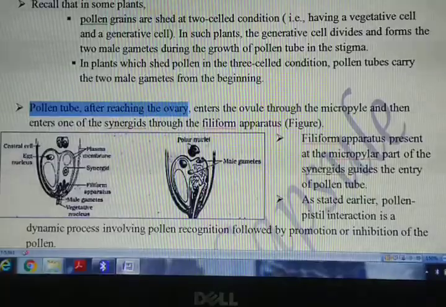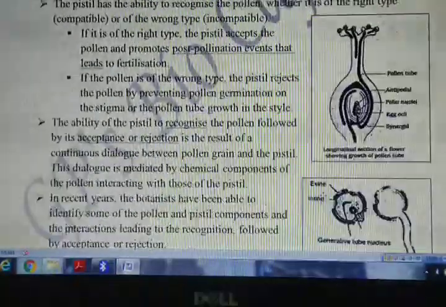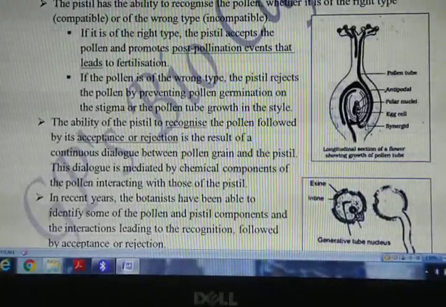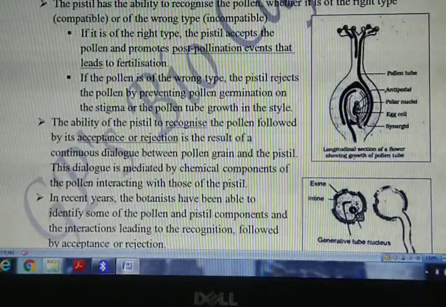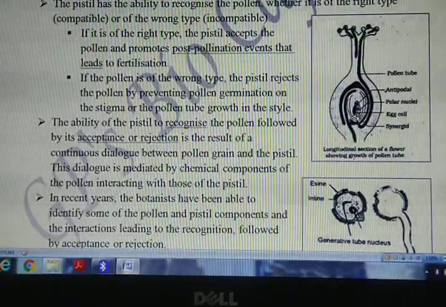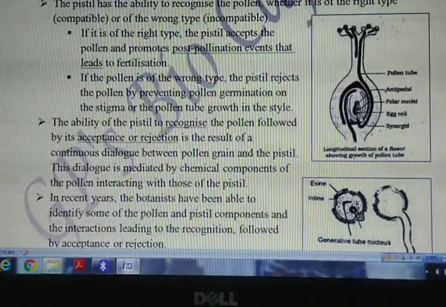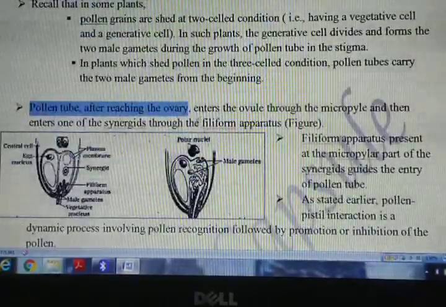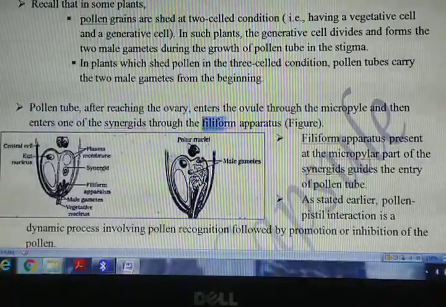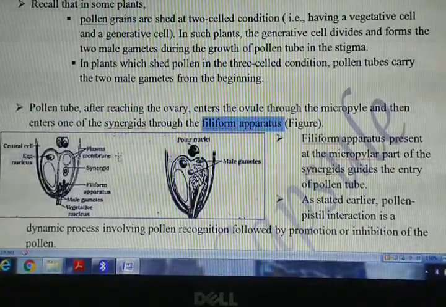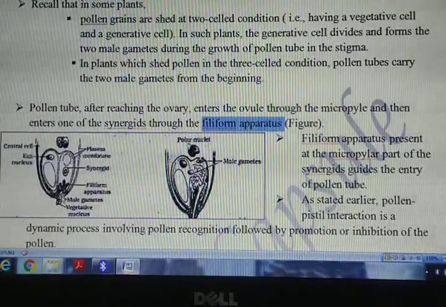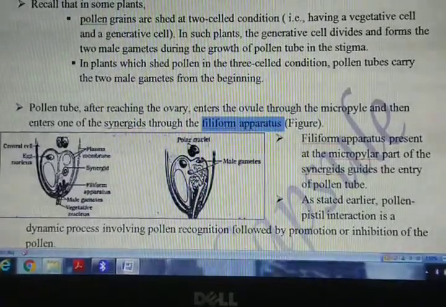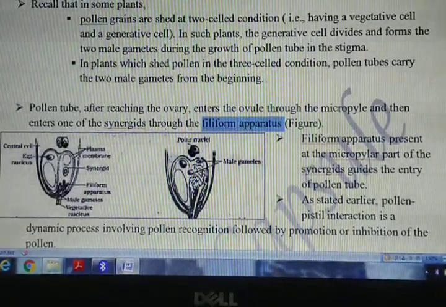Now when the pollen tube has reached the ovule through the micropyle, it has to enter, and down over here in the figure, 3 cells are there: 2 synergid cells and 1 egg cell. This synergid cell, we had discussed, has an apparatus called the filiform apparatus. So the pollen tube enters the embryo sac through one of the synergids, through the filiform apparatus.